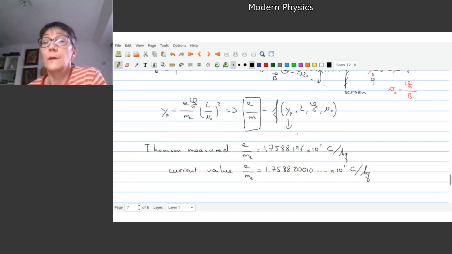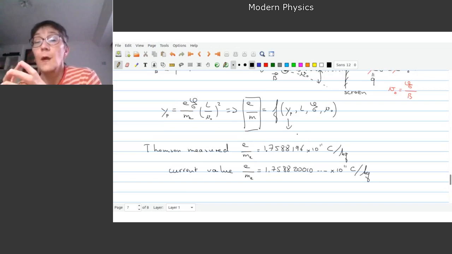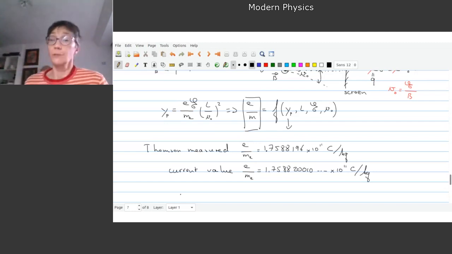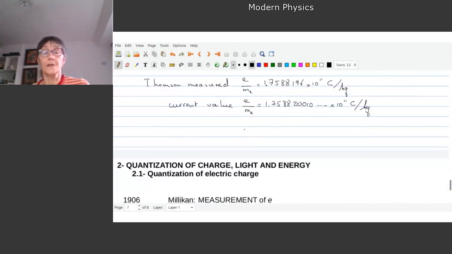So there are atoms. Chemistry was very important to determine that there were some atoms, some things that you could combine to make molecules, and they had some chemical properties. You can do reactions and things like that. But exactly how it was organized at the microscopic level was impossible to see at that time. Still isn't very easy. And so you have to deduce everything from indirect measurements. And so this is the measurement from Thomson, and this is what he had.